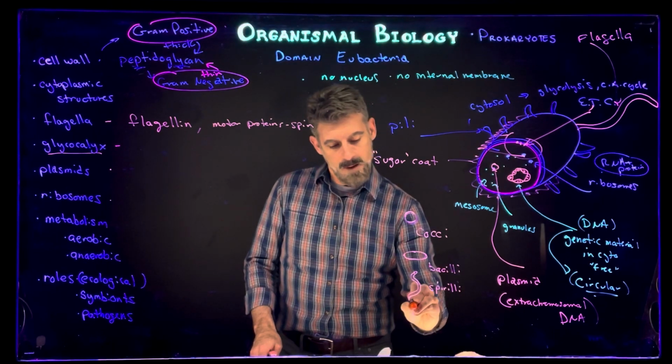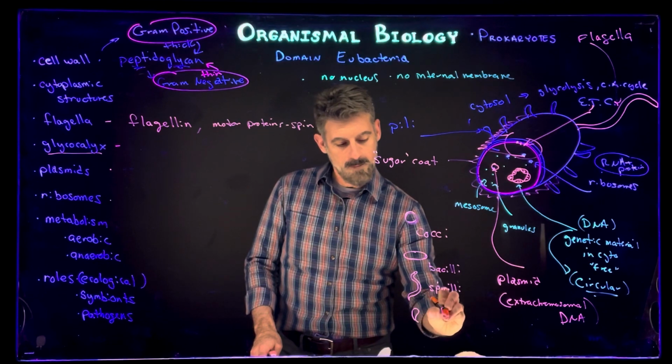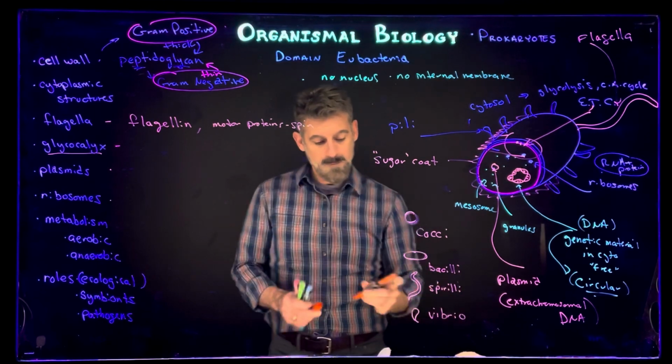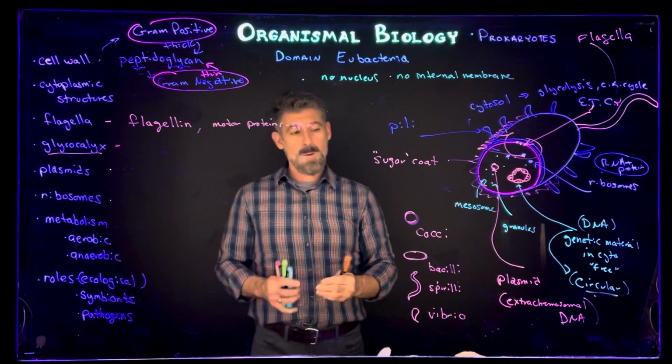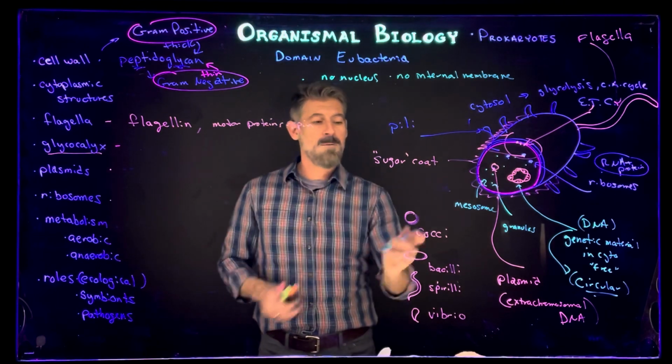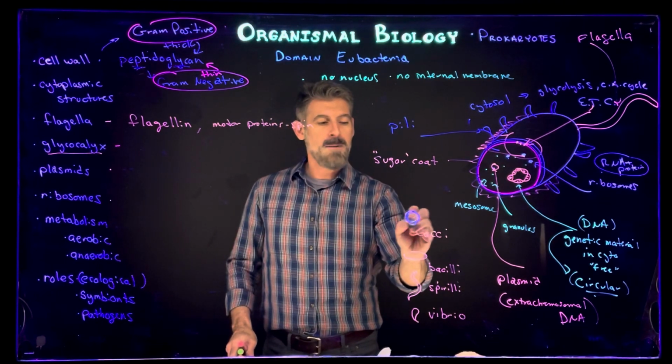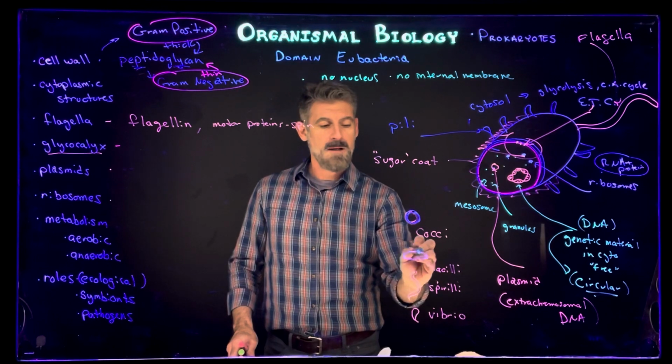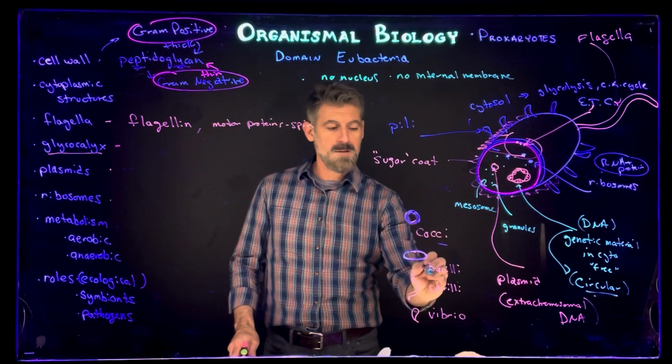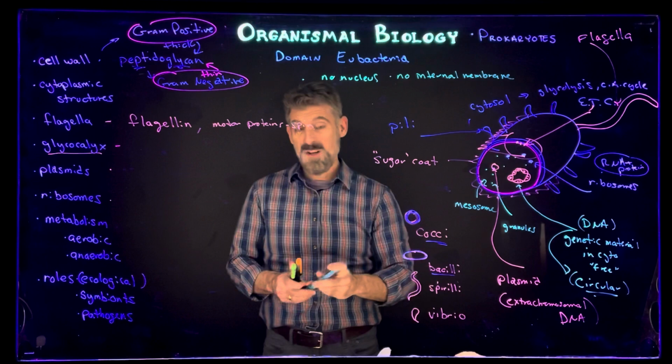There are these comma-shaped ones like this, called vibrio. And there are others as well, but these are the most common ones, and most of the time in a microbiology class, you're typically working with cocci and bacilli, just these two types, and then we discuss these others.